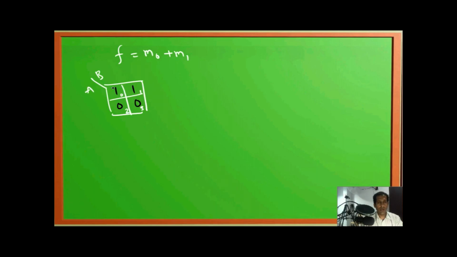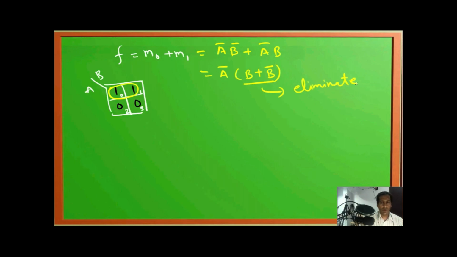So what we can do, the adjacent ones we can make a group, we can select them. So we will select these two, right? For this, what is the expression? m0 is A bar B bar plus m1 is A bar B. Here we can take A bar common, so we get B plus B bar, which we can eliminate as 1.